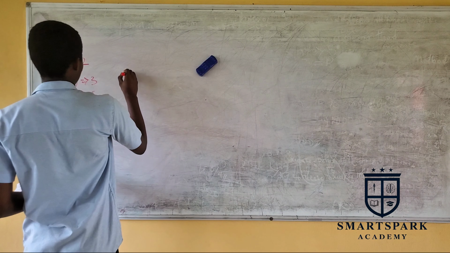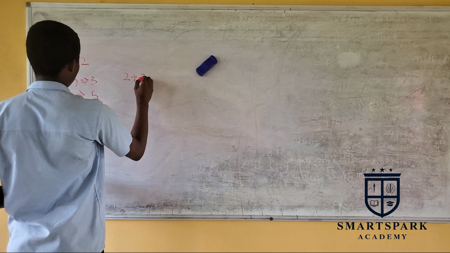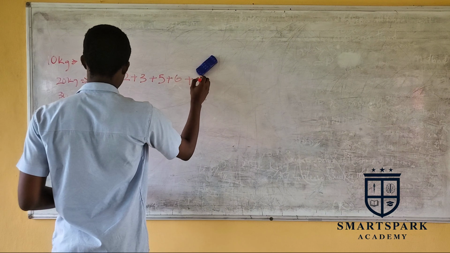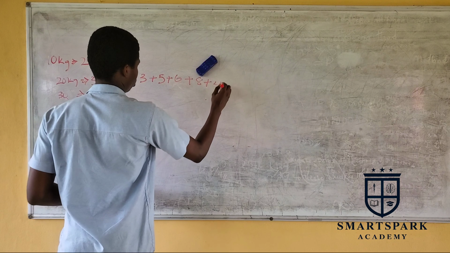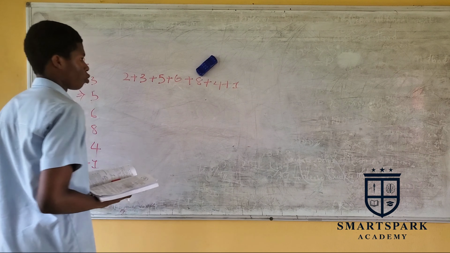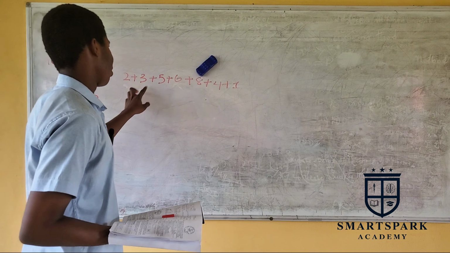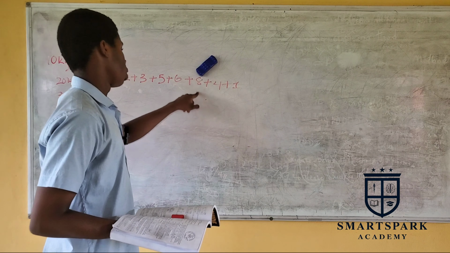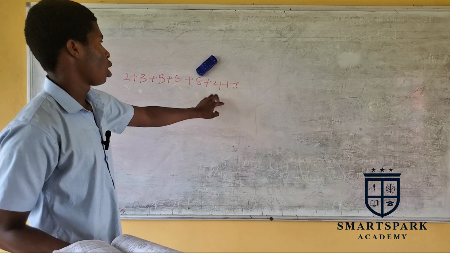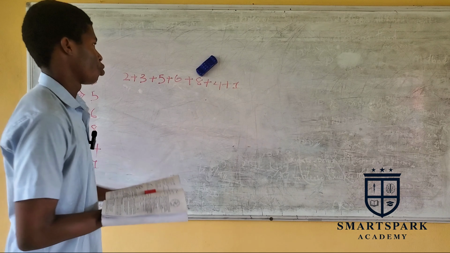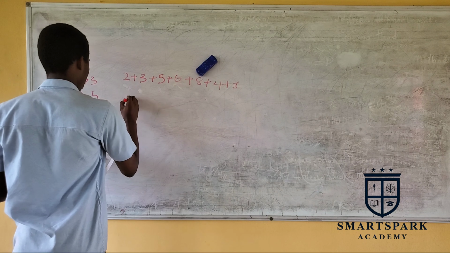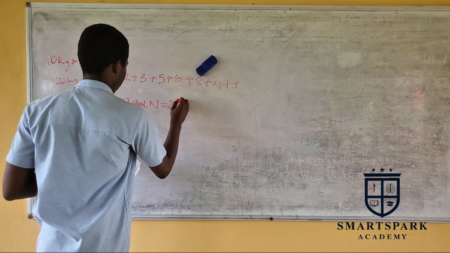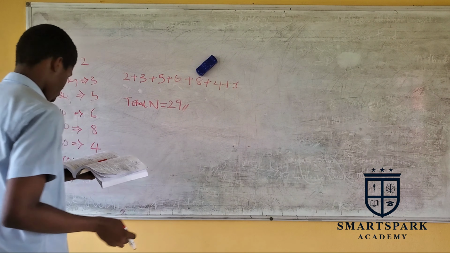So this is 2 plus 3 plus 5 plus 6 plus 8 plus 4 plus 1. So now this sums up: 2 plus 3 is 5, plus 5 is 10, plus 6 is 16, plus 8 is 24. We are going to add it to 4, that is 28, plus 1, 29. So the total number of people represented by the histogram is equal to 29.